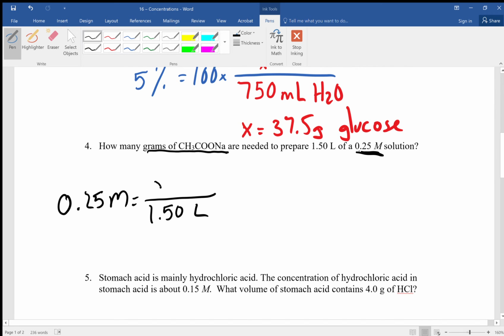So the moles of solute are an unknown. But if you think about what moles mean and how we find moles, once we know the number of moles, we can use the molecular weight to convert that back to grams. So we find here that X is equal to 0.38 moles.